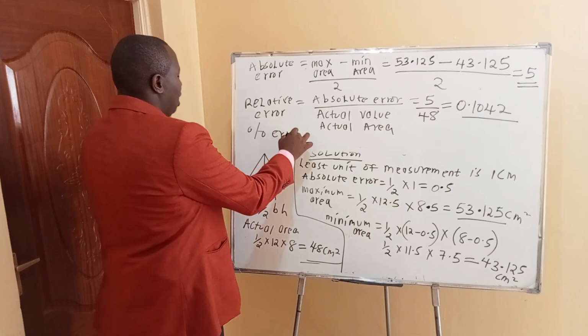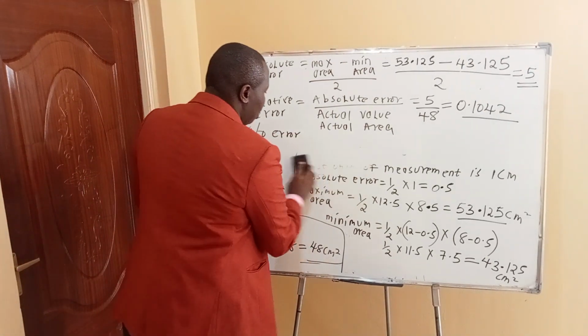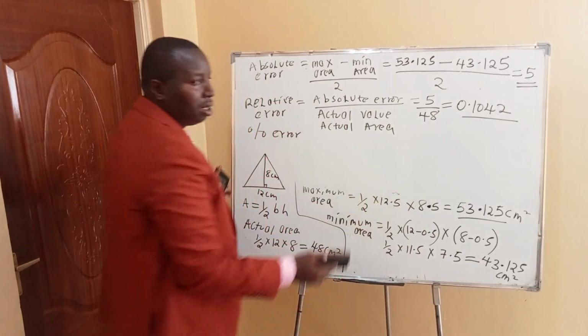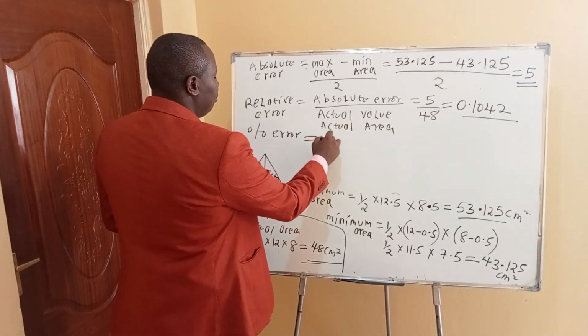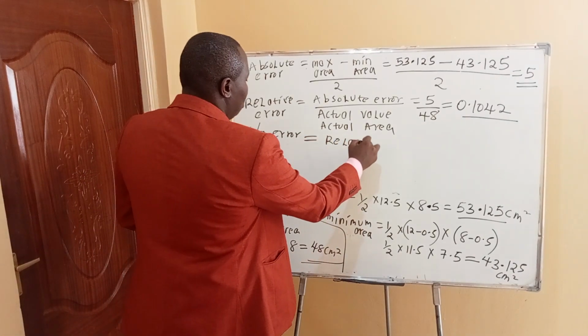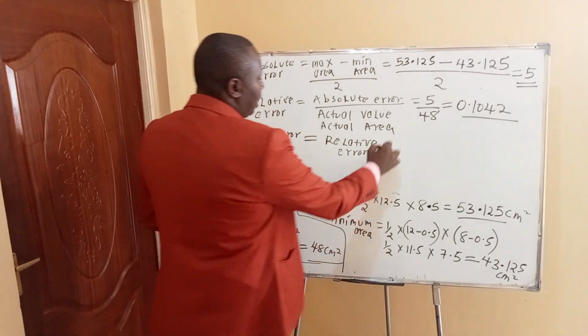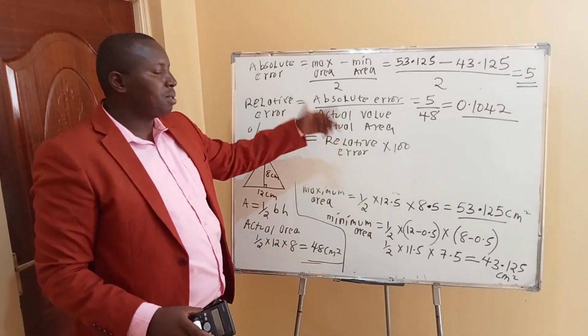Then from there, you find the percentage error. The percentage error will be the relative error times 100, which is absolute over actual times 100.